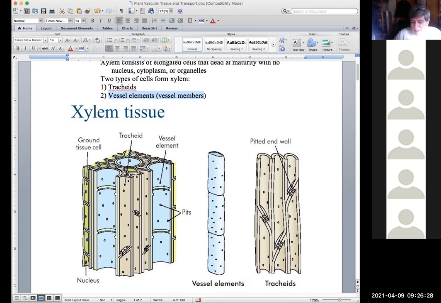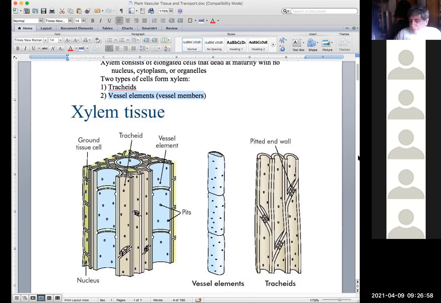There's just a big, humongous hole between one cell and the cell above or below it. So vessel elements tend to be more efficient. They have a larger diameter, and the end walls, the part of the cell wall between two cells, have much larger holes in them. So water flows much more nicely.